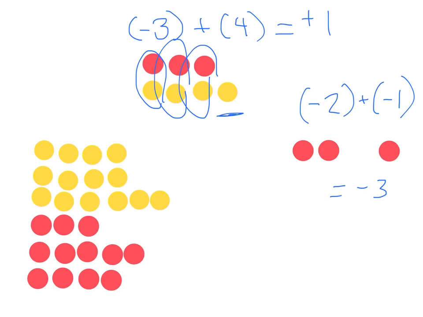Let's just see what happens. So far we've done addition questions where the negative integer has a smaller value, so that 3 is smaller than the 4 of the positive. So what about something like negative 5 plus positive 2? I haven't put the brackets here this time, and that's acceptable.